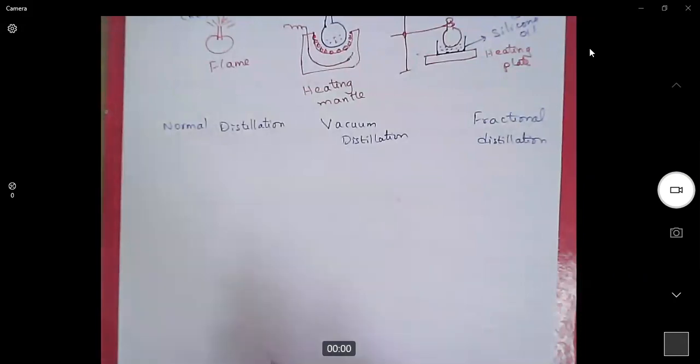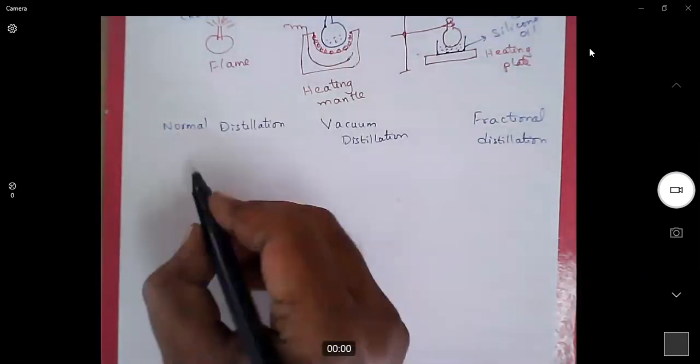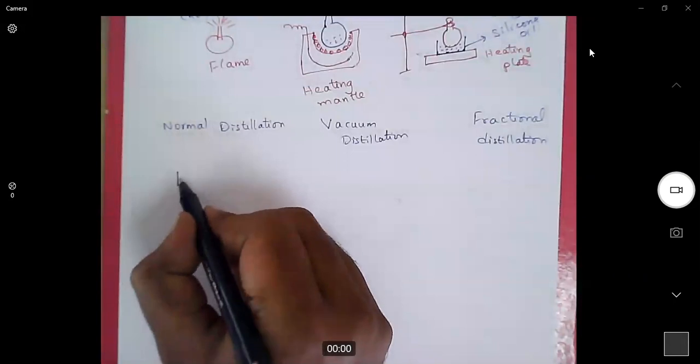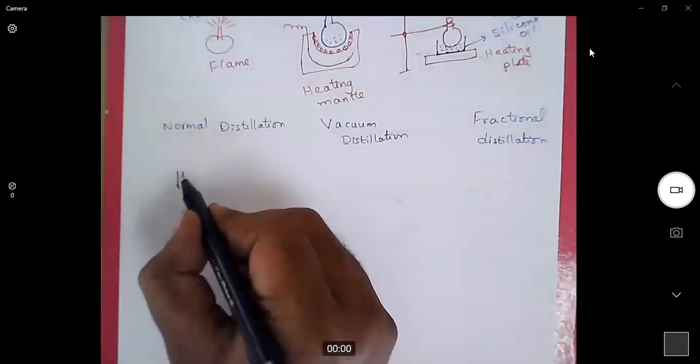For a simple distillation, we need a distillation condenser. What is a distillation condenser?